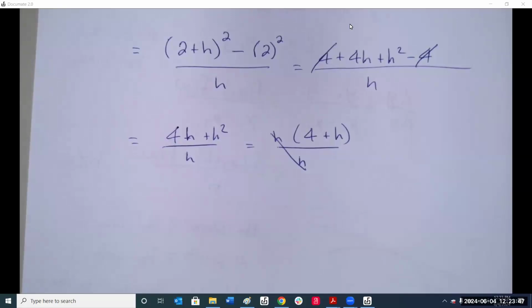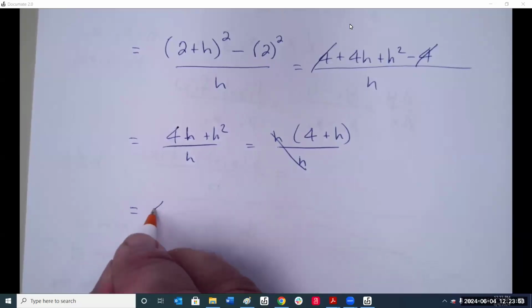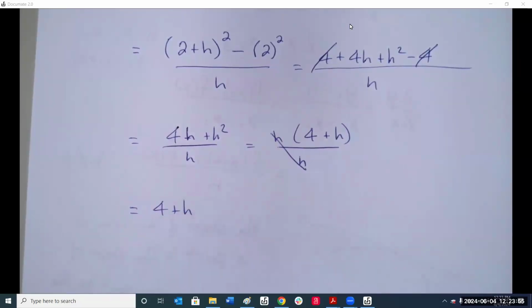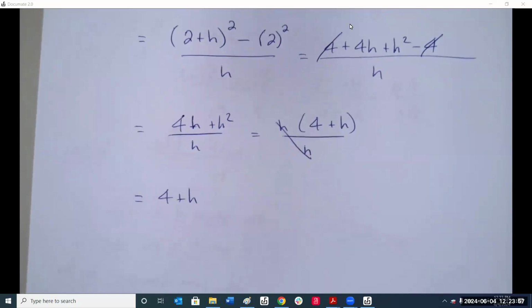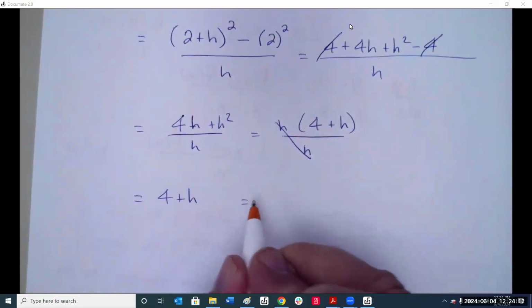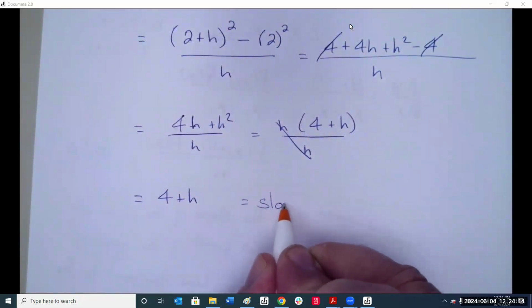So what does that represent for us? What does 4 plus h represent? Look at your notes. What does that formula define for us? Nope, it's a slope.